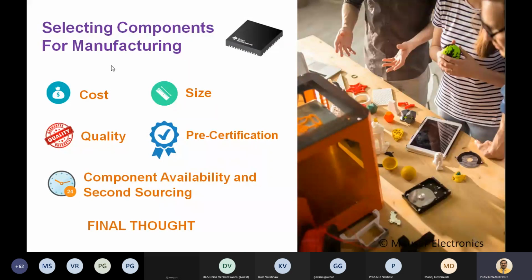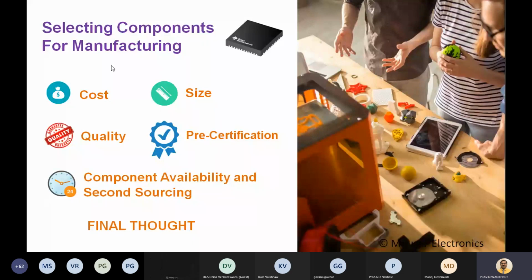Don't think that at the final stage you can stop your manufacturing. Select a component in such a way that even if your product goes to manufacturing, you can start the next day.